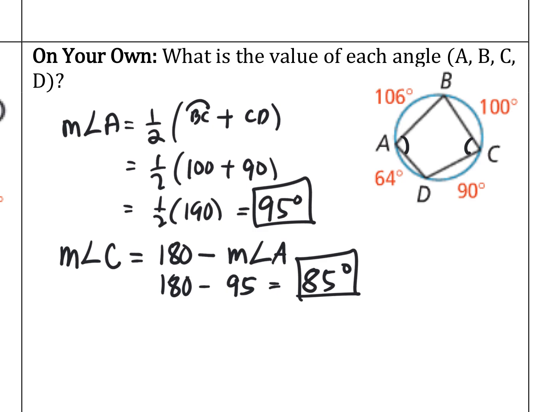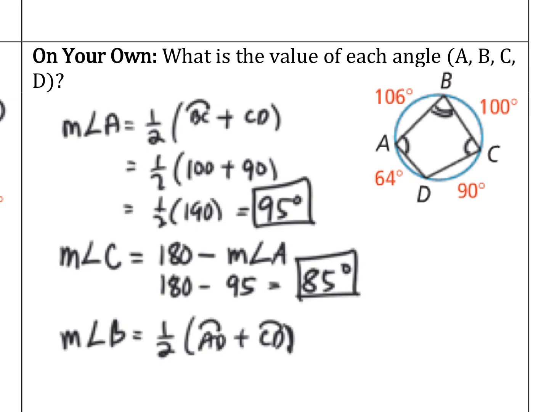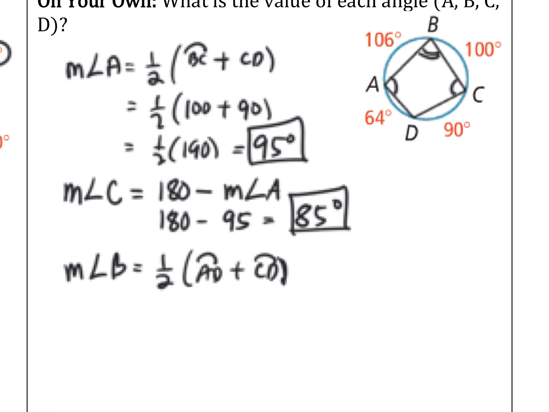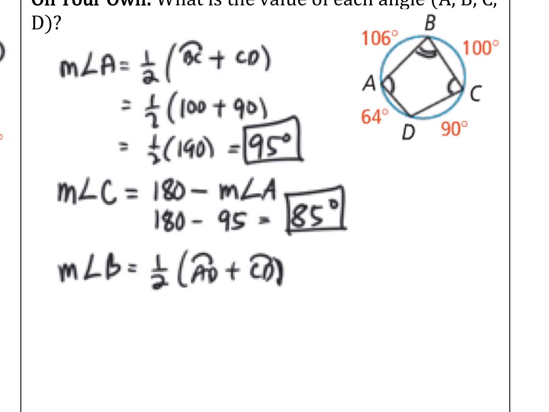Okay, let's start with angle B. The measurement of angle B is equal to 1/2 of arc AD plus your arc CD. So what's the size of our arc AD?